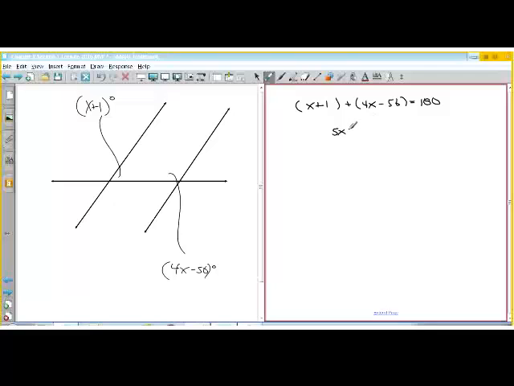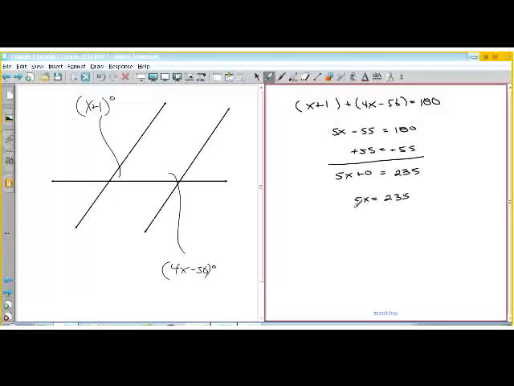So we combine like terms. 1x plus 4x is 5x. 1 minus 56 is negative 55. We add 55 to both sides to get 235.